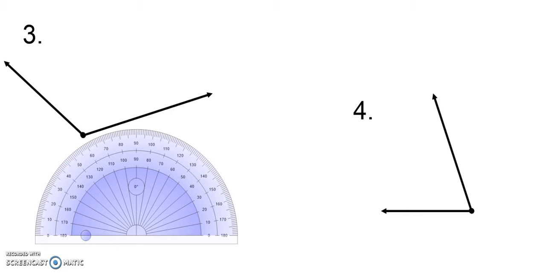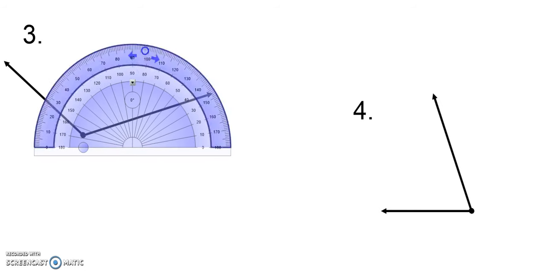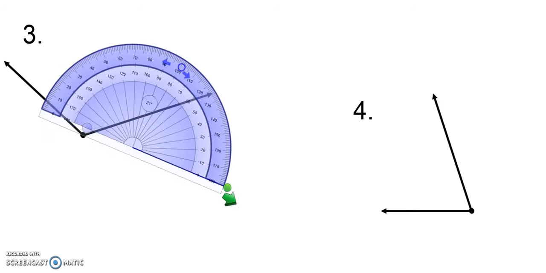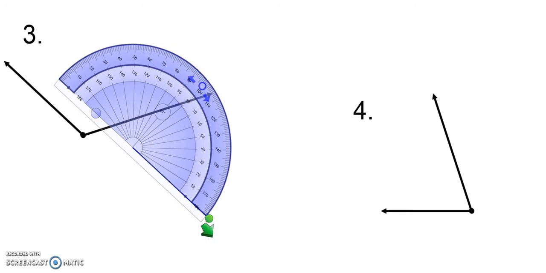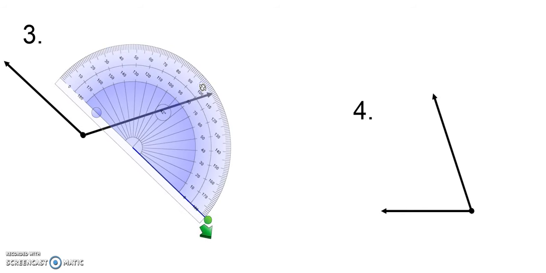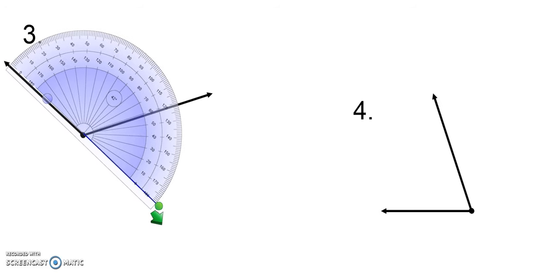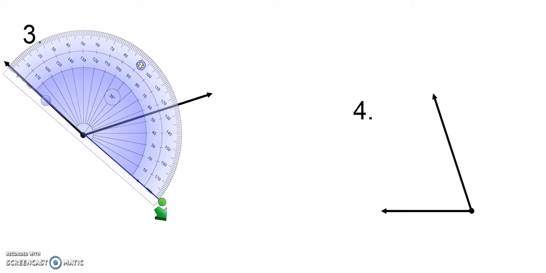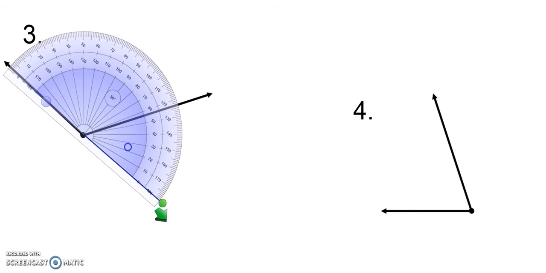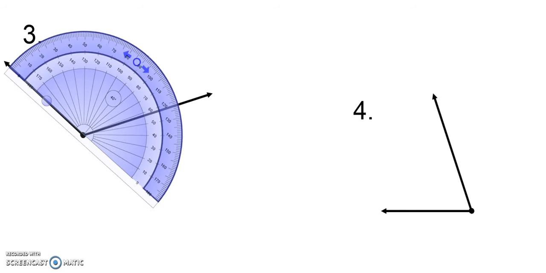Next, if we are trying to measure this angle here, we are going to want to take our protractor and actually turn it slightly. I want it to line up perfectly with one of the rays. I'm going to use this ray here. Let me turn it a little bit more. And it needs to line up perfectly.